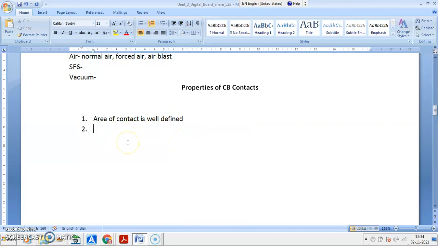Then another requirement is that the contact should have low contact resistance, which means high conductivity.